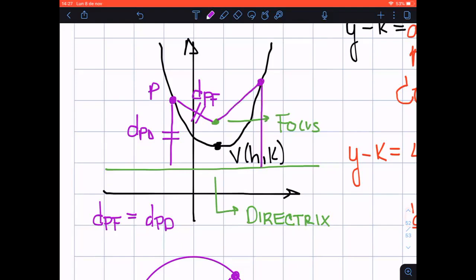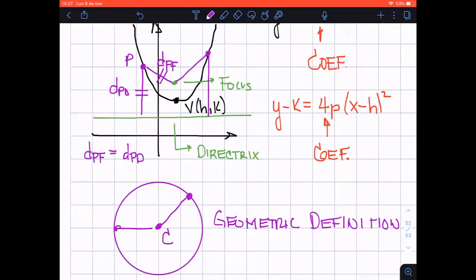Great. So the parabola is a curve that you can draw by finding the distance from the point on the parabola to the focus and the distance from the point to the directrix, and both distances should be equal, okay? That's a geometric definition.